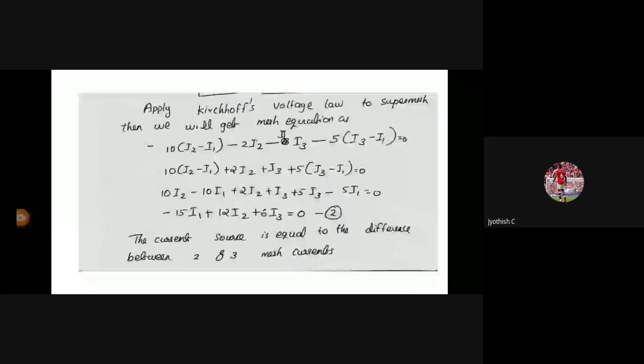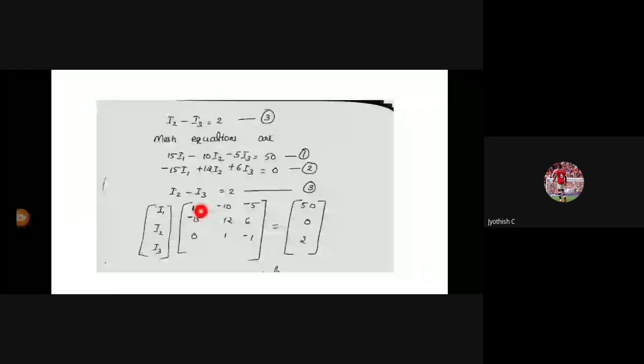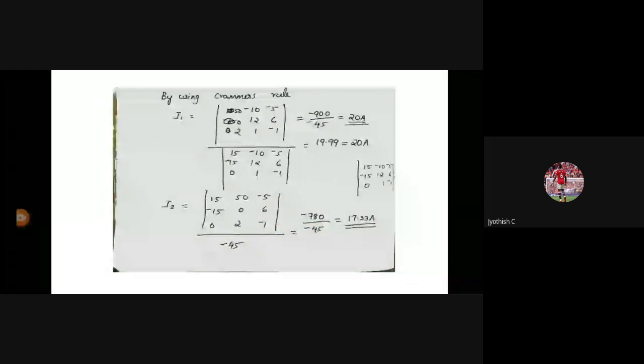So for finding I3, you replace the third column with 50, 0, 2, okay? So I1 value, I think you got the answer 19.99, that is approximately equal to 20 ampere.